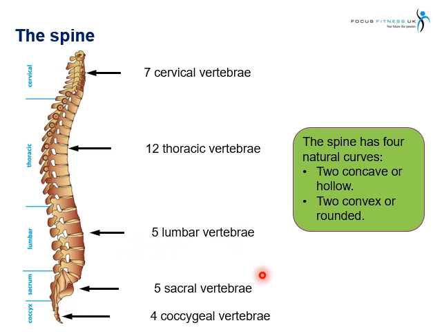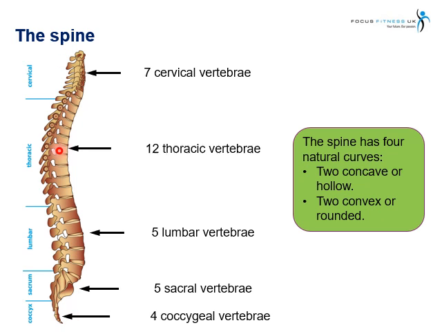We'll go a little bit more into the curves in a minute, but those are the areas of the spine. Generally your cervical vertebrae should curve in this direction, your thoracic vertebrae should curve slightly in that direction, your lumbar vertebrae should come in this direction, and your sacral and coccygeal vertebrae should come in this direction.